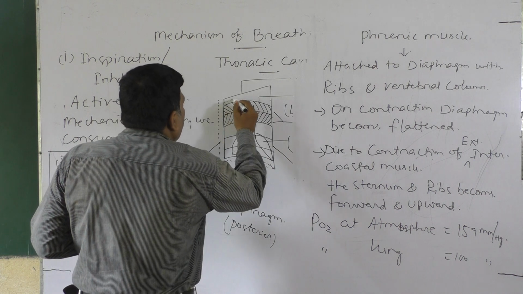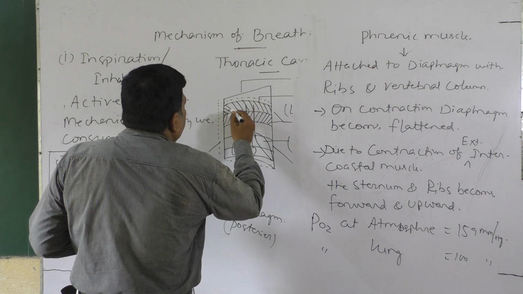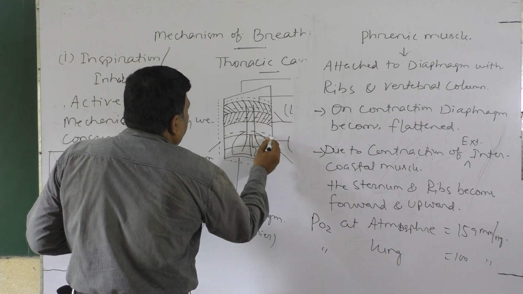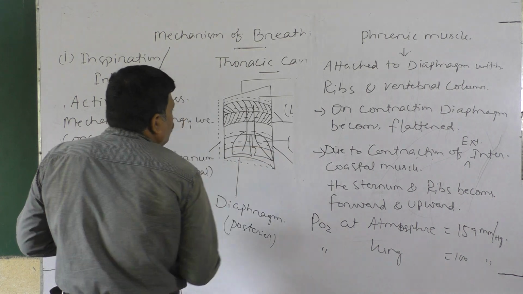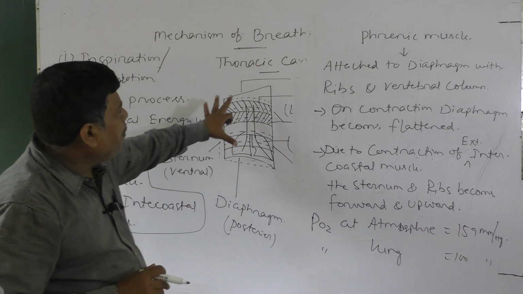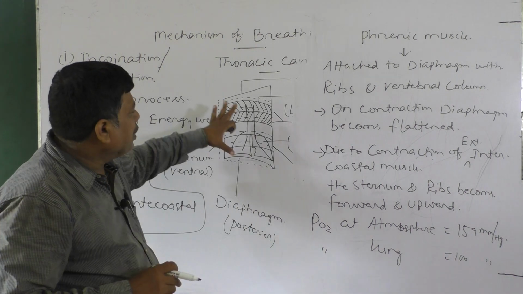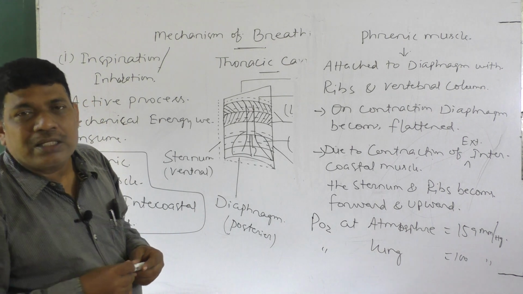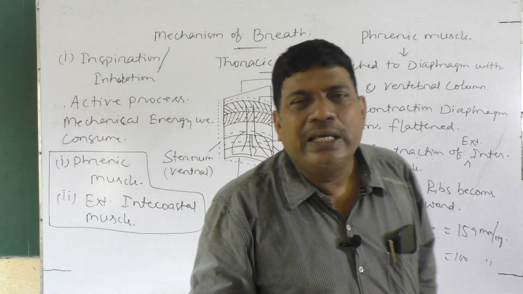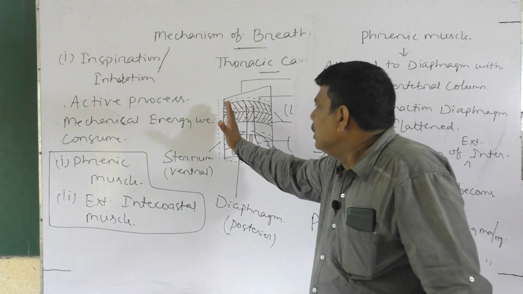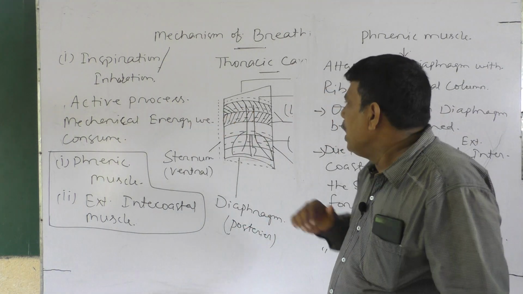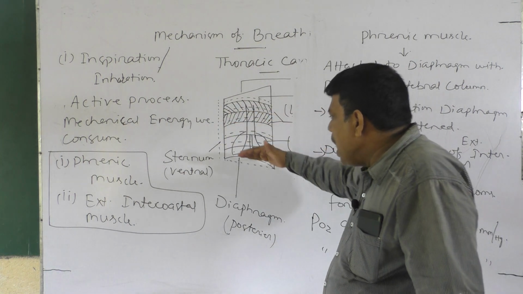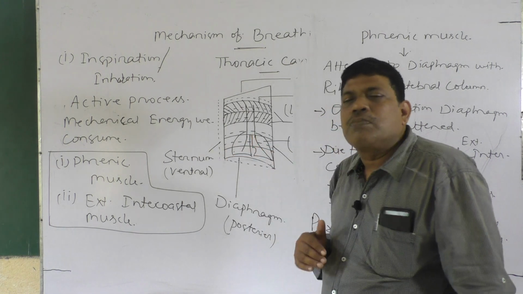and the ribs become forward and upward. So now the volume of dotted line is more than the volume of solid line. That means the volume of thoracic cavity increases as sternum becomes forward, as ribs become upward and forward, as diaphragm becomes flattened.